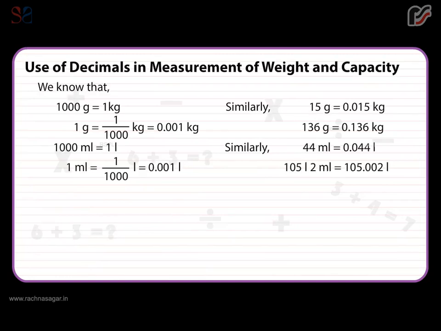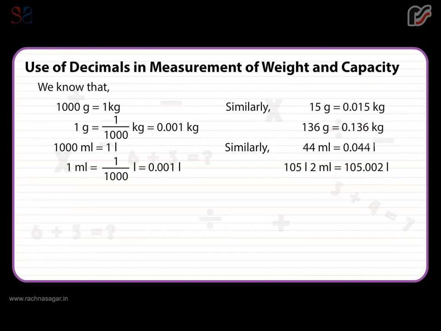Use of decimals in measurement of weight and capacity. We know that 1000 grams is equal to 1 kilogram. 1 gram is equal to 1 upon 1000 kilograms, which is equal to 0.001 kilogram. 1000 milliliter is equal to 1 liter. 1 milliliter is equal to 1 upon 1000 liter, which is equal to 0.001 liter. Similarly, 15 grams is equal to 0.015 kilogram. 136 grams is equal to 0.136 kilograms.